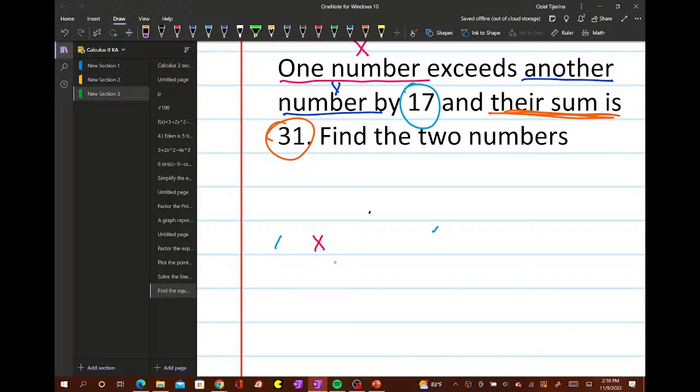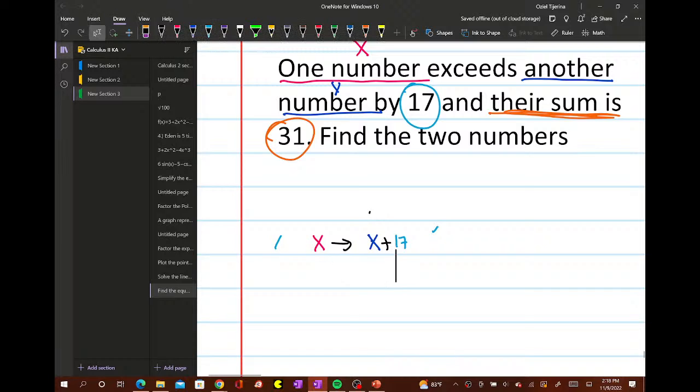So from x to, we're going to say to x, right? So to x, and then plus 17, like that.